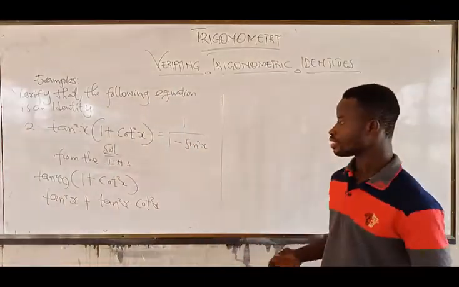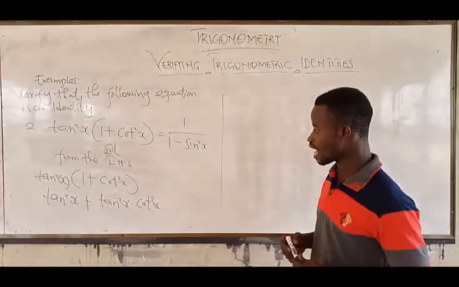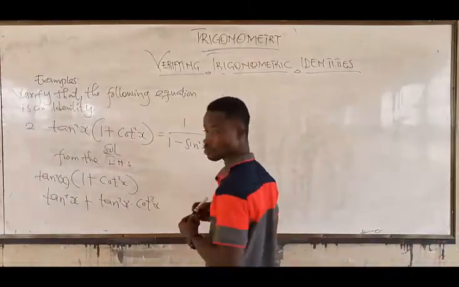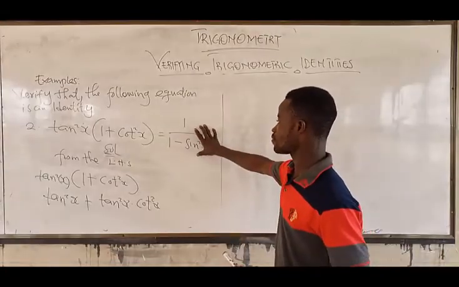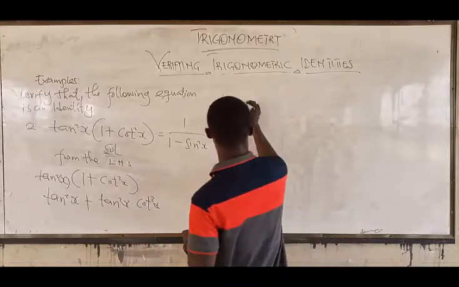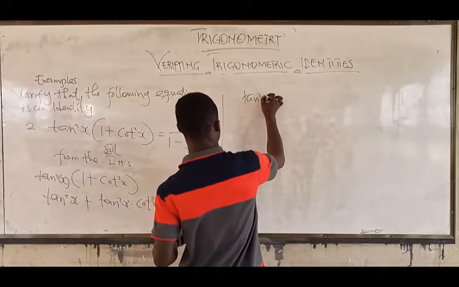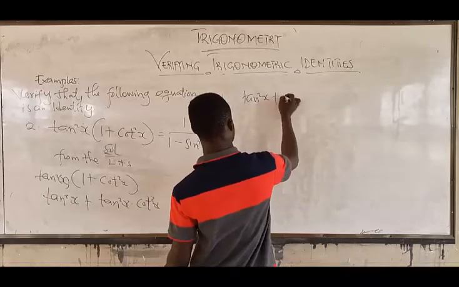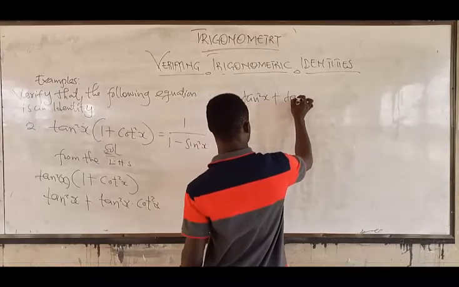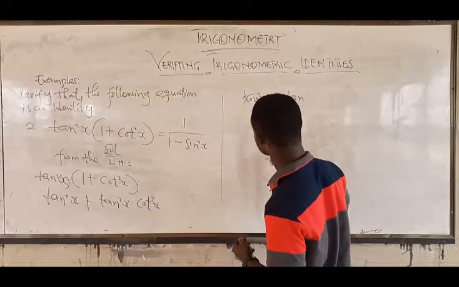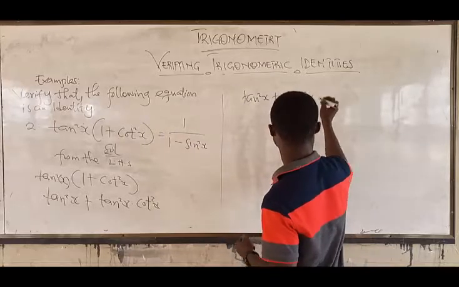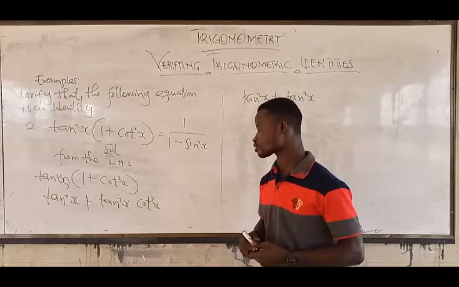Very good. Now, from what we have, always check where we want to go. So, tan square X plus tan square S, here is cos square.